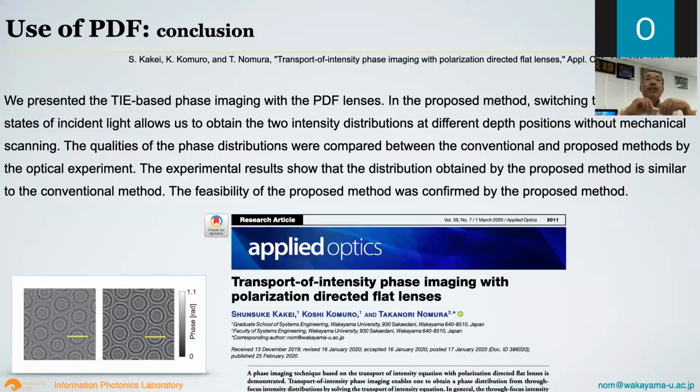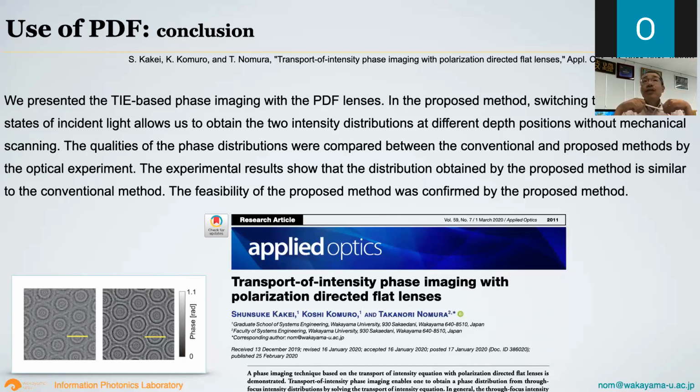So we presented TIE-based phase imaging with PDF lenses. In this proposed method, only switching the polarization states of incident light allows us to obtain two intensity distributions at different depth positions without mechanical scanning of the image sensor.